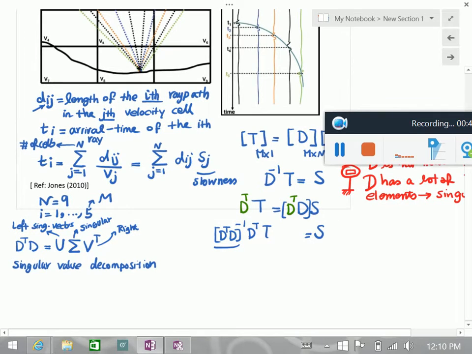We are lucky, and we could invert this and get S. Imagine we have the T's and we find a way to invert this matrix. Either we are lucky and DTD is invertible, or we use singular value decomposition, then we invert it, like that. What is the problem?